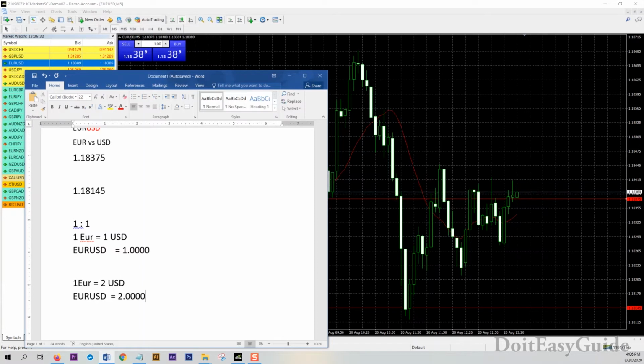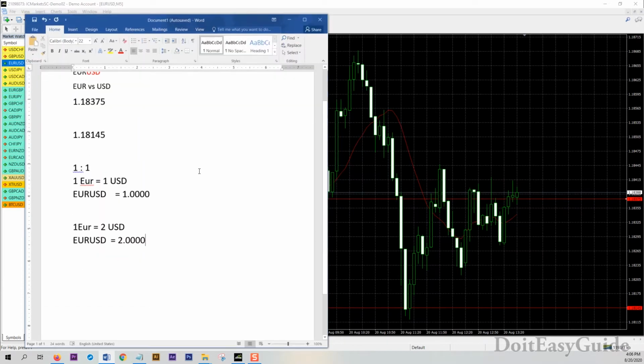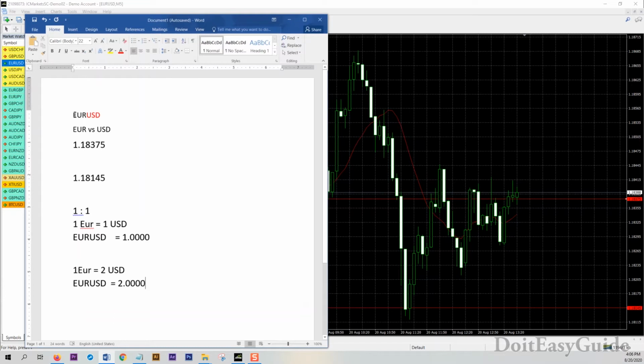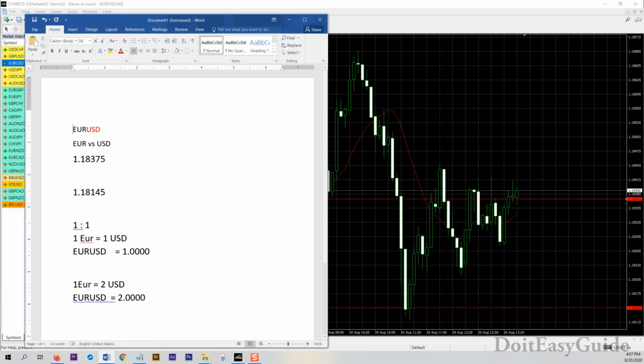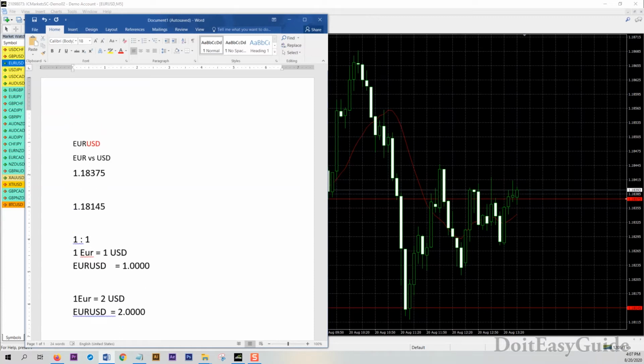So that means whenever you have a pair like this, this is the first currency, this is the second currency. We always say this value is compared to the value of the first currency. We call this the base currency.